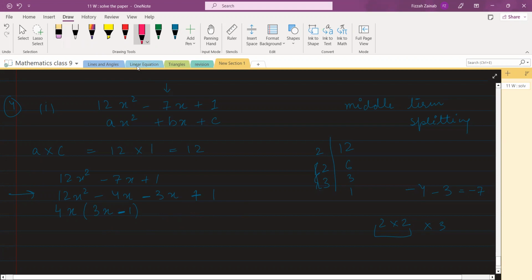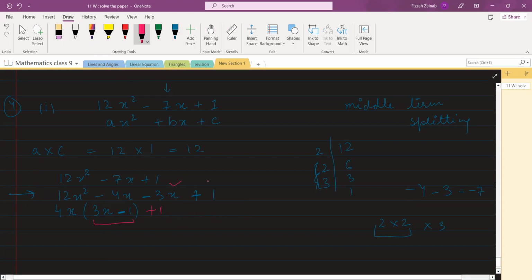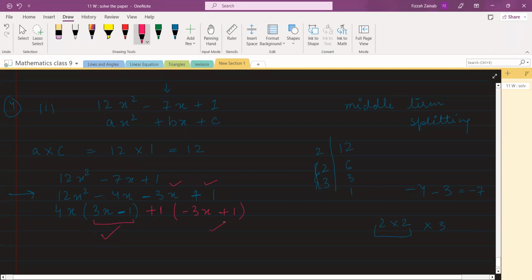See, Zeba, first of all, I need this bracket 3x minus 1, and I also need 3x minus 1 in the next bracket. If I take only 1 common outside, because there is nothing common in these two terms, I get minus of 3x and plus 1, which is different from this bracket, isn't it?